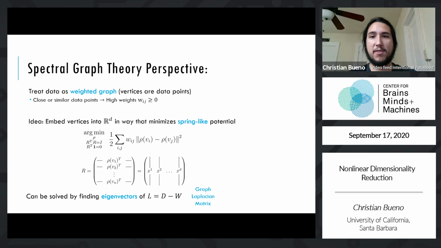And so if you take this difference, you get something called the graph Laplacian, find its eigenvectors. Those will actually tell you how to do this embedding. So you would just stick your eigenvectors vertically into this R matrix, and then the rows are going to be your positions.